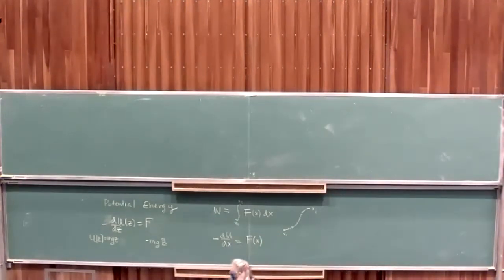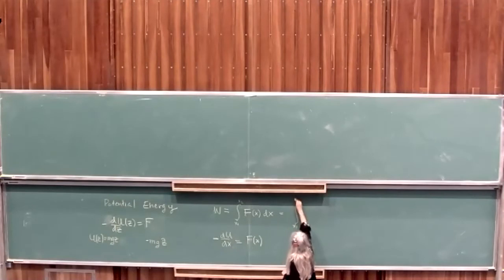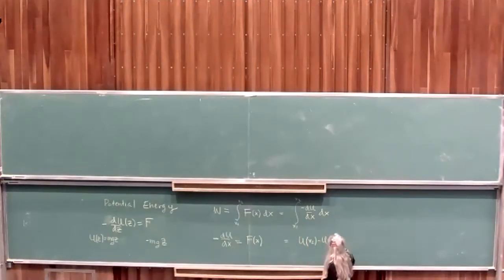Let's use this fact to rewrite the integral. I put that in there, minus dU/dx dx, and this is pretty easy to integrate. I get U of x2, and then there's this minus sign, so this is equal to minus delta U across the path.